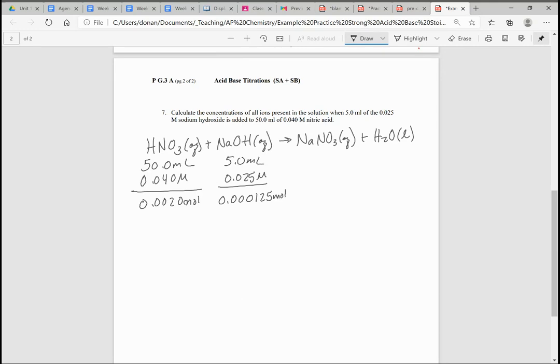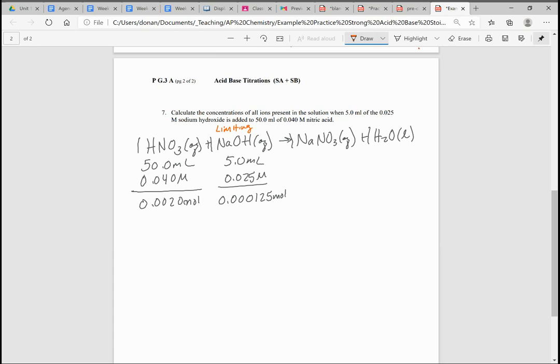Now I know there are too many sig figs, but we're going to leave them for a minute. So this is a limiting reactant problem because you're given the amounts of two reactants. And since we have a 1 to 1 to 1 to 1 ratio, if I have 0.0020 moles of nitric acid and I don't have enough sodium hydroxide, that means the sodium hydroxide is going to be my limiting reactant.